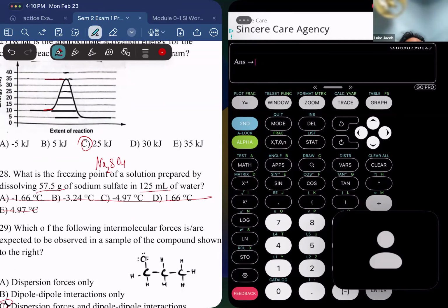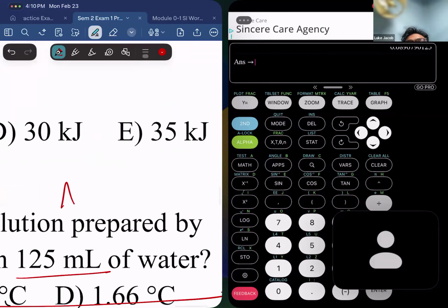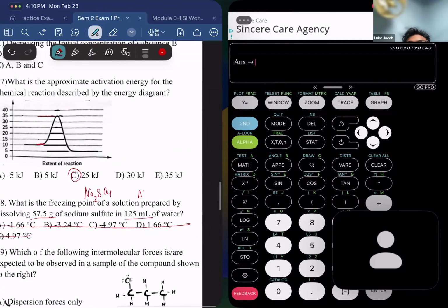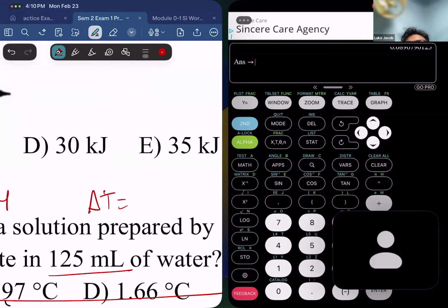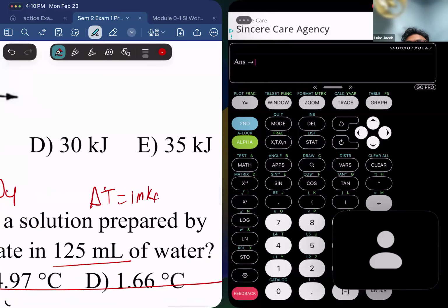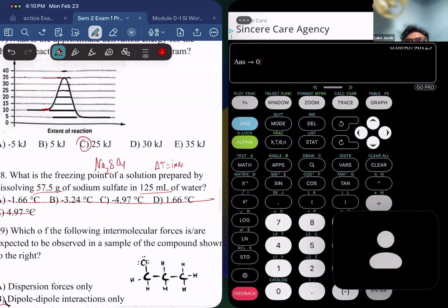Using all the different things, we have the formula delta T is equal to m times KF times i. Using that formula, we can figure it out. So let's do this.